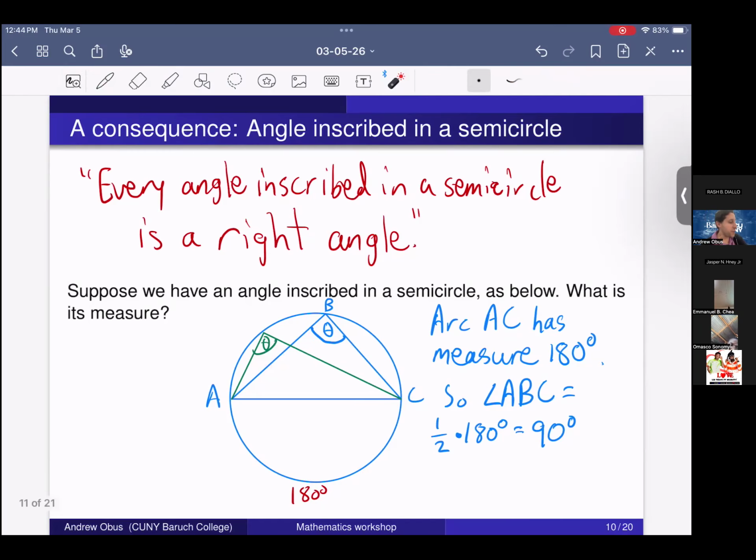And this is a general thing with circles. If you've got inscribed angles that intercept the same arc, then they've got to have the same angle measure, because they're both 1/2 the measure of the arc. Okay, so this tells us that any angle we have in the semicircle is going to be 90 degrees. So if the first one is 90 degrees, the second one is also going to be 90 degrees. Right? Okay, so all of these are right angles.